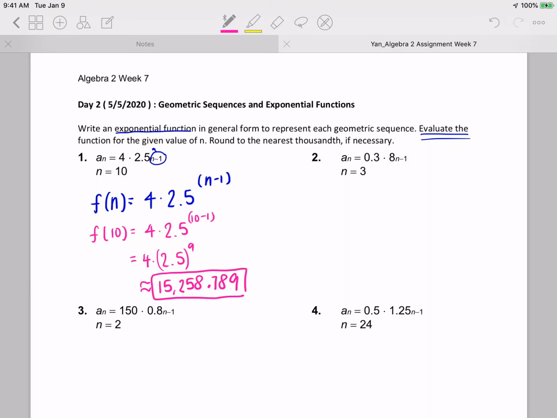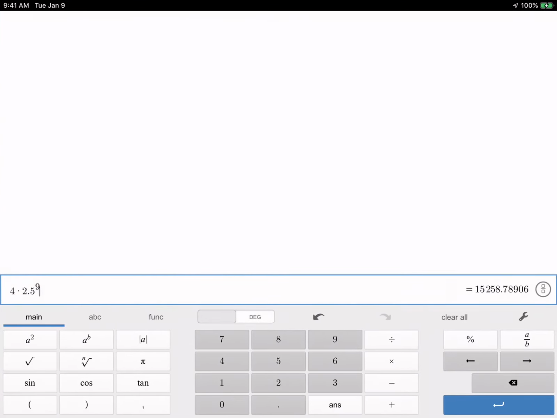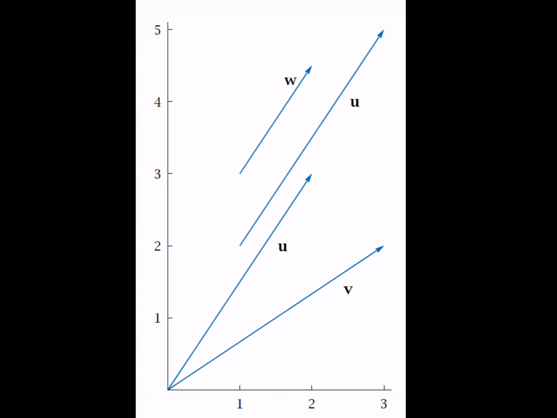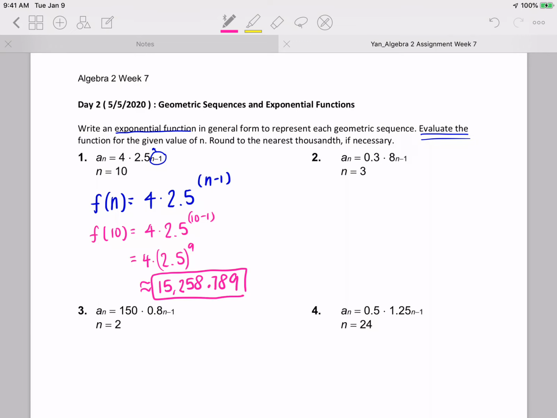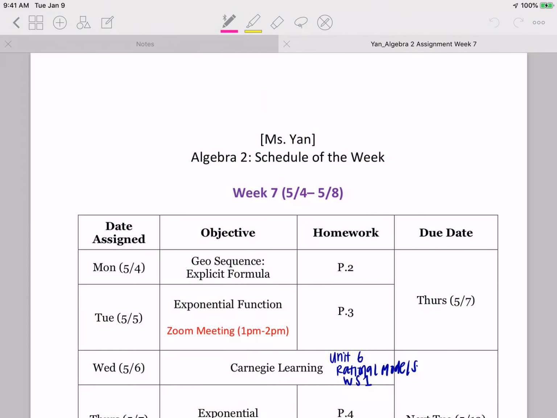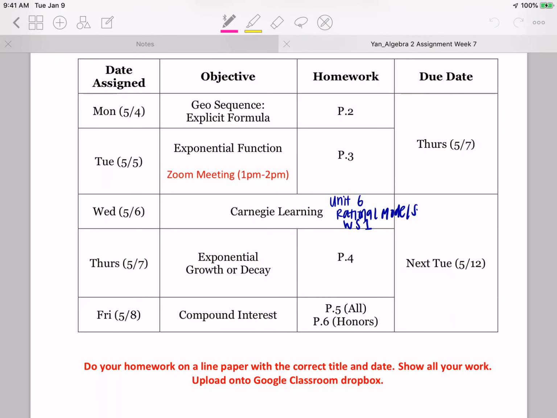Okay, so let me just go back to this one and go back to our front page real quick. This lesson will help you to do Monday and Tuesday's homework, and we'll have a Zoom meeting from 1 to 2 on Tuesday.